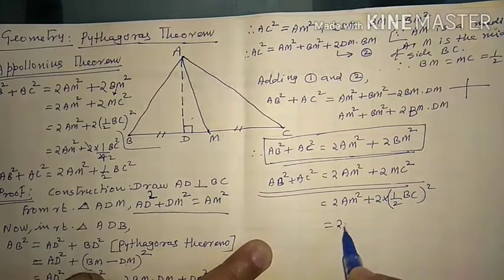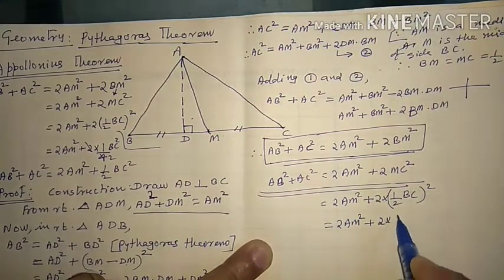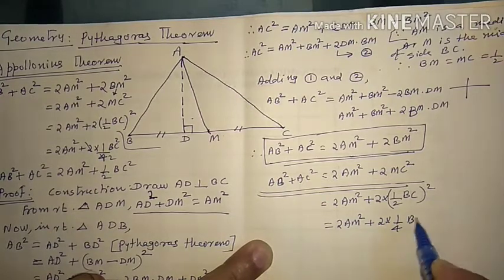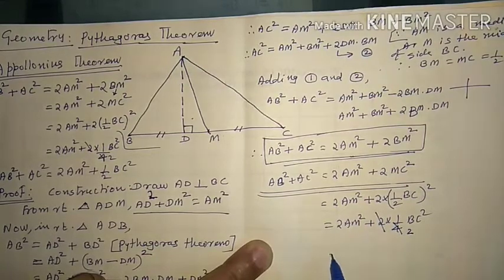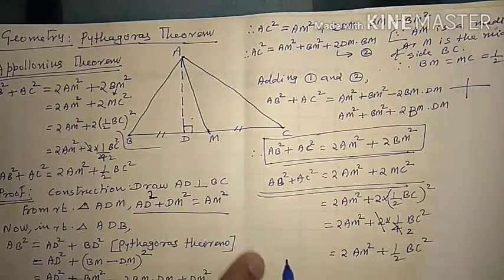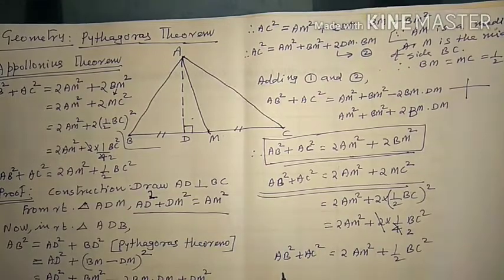So this is equal to 2 AM square plus 2 into 1 by 2 square, which is 1 by 4, into BC square. Then 2 cancels in 4 two times. 2 times AM square plus half of BC square. This is AB square plus AC square.